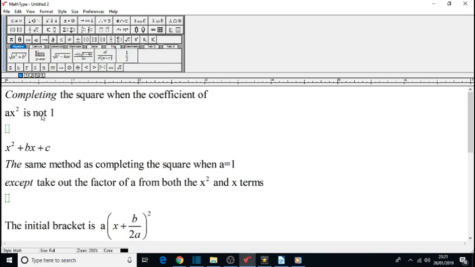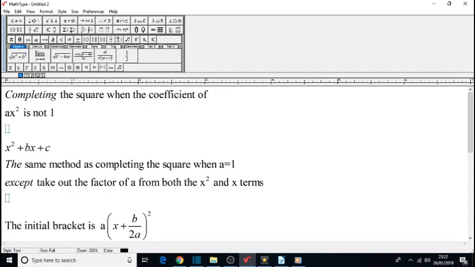Now I'm going to show you how to complete the square when the coefficient of x squared is not 1. So for example, the quadratic equation could be 2x squared or 3x squared. It's no longer just x squared. It's the same method as completing the square when a is equal to 1, except this time you take out the factor of a from both the x squared terms and the x terms, and you still match the coefficients.